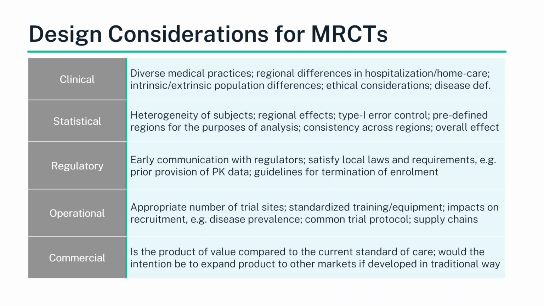So they will obviously accept if there's an appropriate way to extrapolate safety data to the Japanese population. But if that isn't deemed sufficient, then there needs to be a phase 1 study for the Japanese population. So again, knowing things like that ahead of time by getting in contact early with the regulators will help at the planning stage.